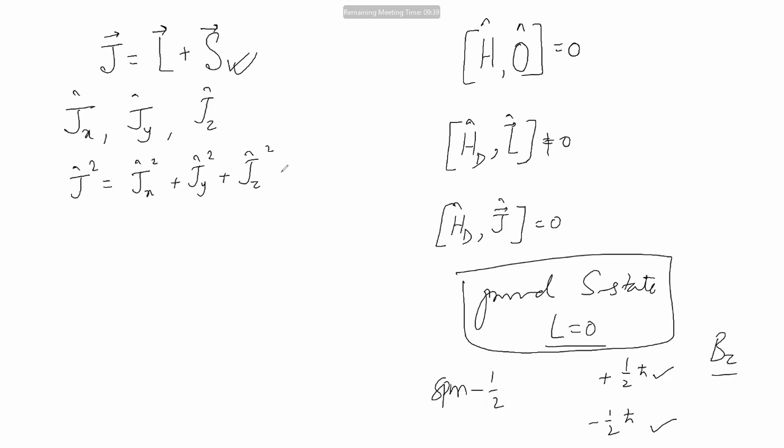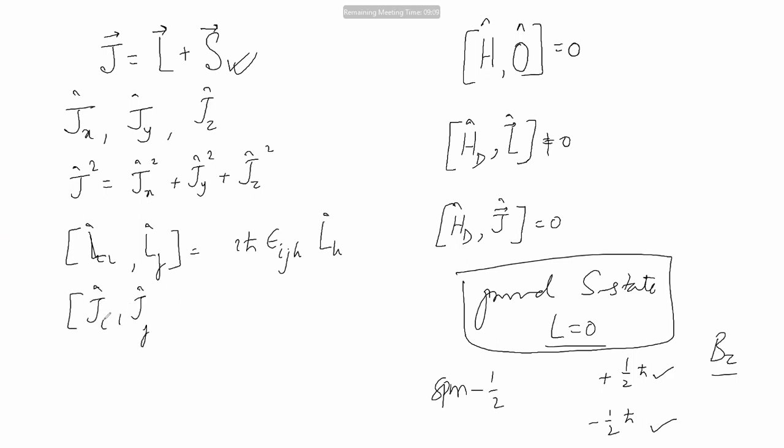Now, the total angular momentum operator also obeys all the commutation relations which we have discussed for orbital angular momentum. For example, [Li, Lj] is i h cross epsilon ijk Lk, which means [Ji, Jj] is equal to i h cross epsilon ijk Jk.